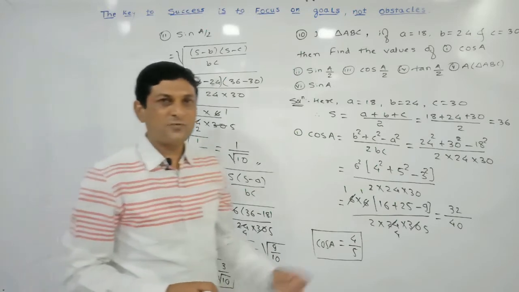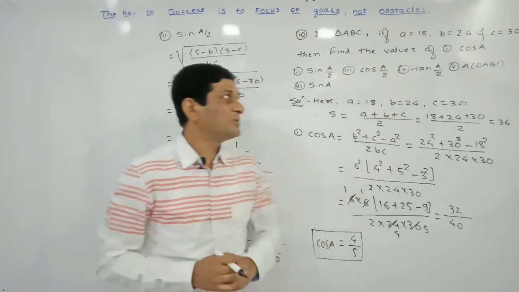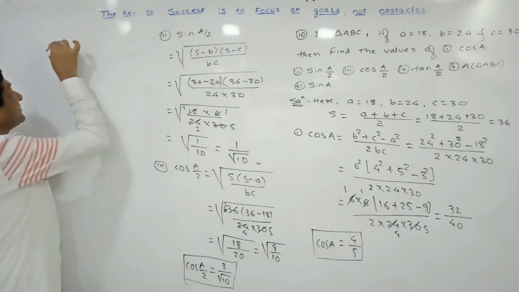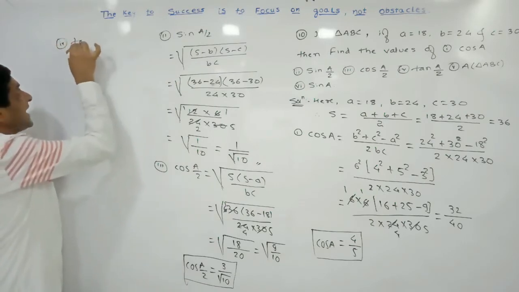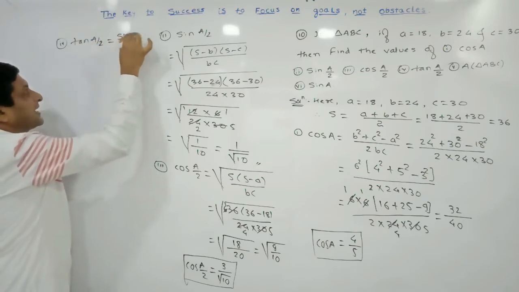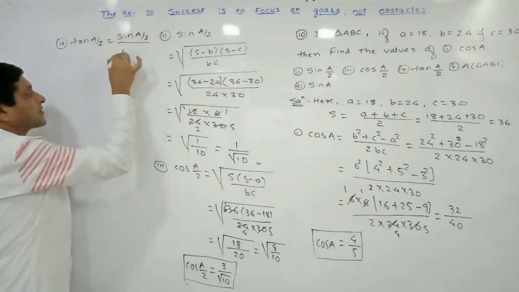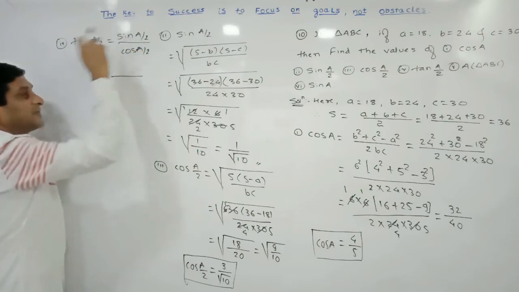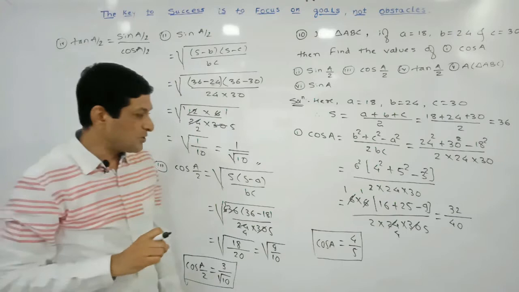Now let us try to find our next required value, that is tan A by 2. Can I write tan A by 2 as sin A by 2 divided by cos A by 2? Yes, tan can be written as sin upon cos. The value of sin A by 2 is already known to us.